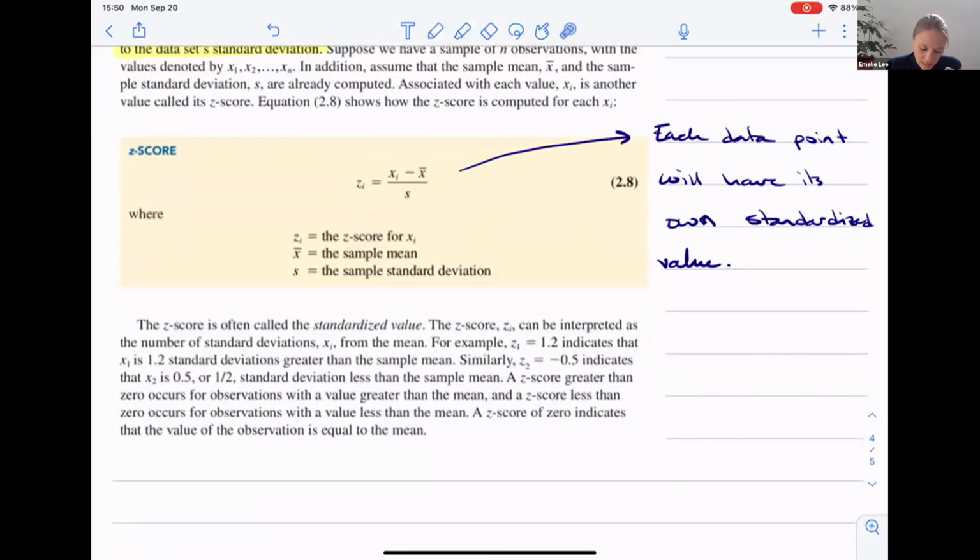If X is less than X bar, what I like to do when I'm faced with these problems is take example numbers. 3 is less than 4, so it's easier to work with 3 and 4. 3 minus 4, I get a negative number, and the standard deviation just can't be negative. It's always going to be positive. So if the observation is less than the mean, the Z-score is going to be less than 0. It's going to be negative.